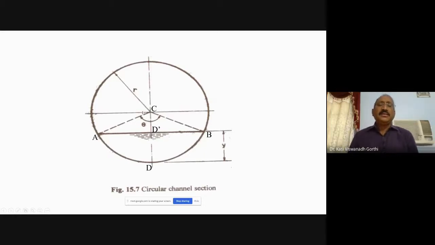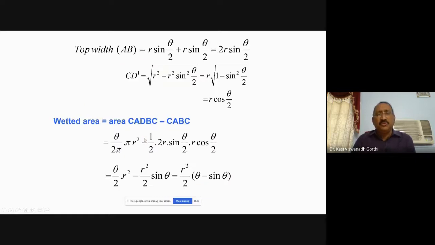So area CADB minus the area of the triangle CAB provides you the wetted area. Similarly, the wetted perimeter will be the length of the arc subtended, that means the length of the arc ADB. R is the radius, so r multiplied by theta gives you the wetted perimeter. Let us see how we can compute these two for the given circular channel section.